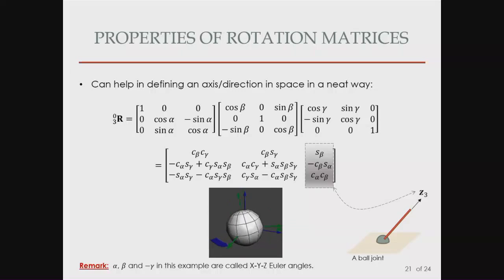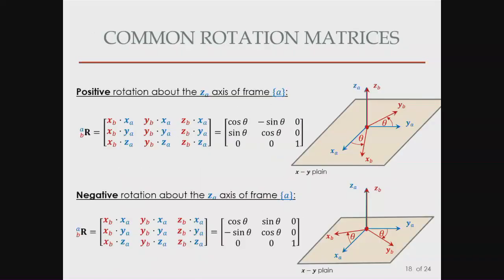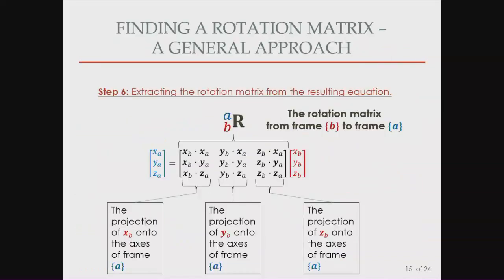So if I'm interested in a particular axis, I just go to the appropriate column in the rotation matrix. I will remind you that I'm constructing a rotation matrix column by column: X, Y, and Z.